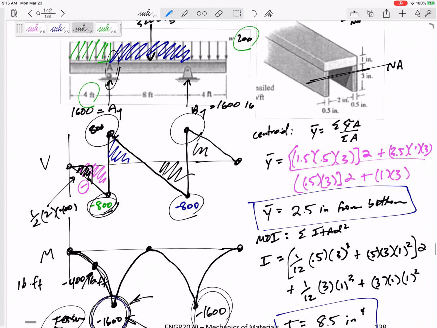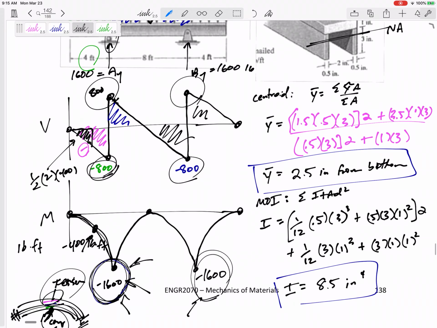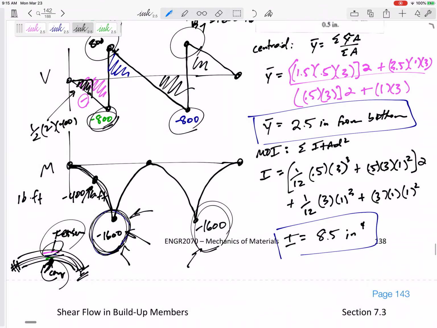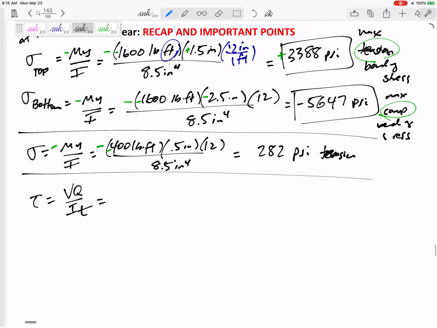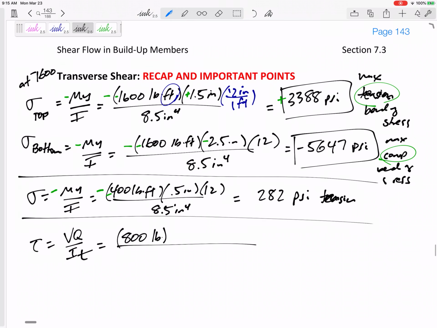All right, so we need tau is VQ over It at this location. So we know that V is 800 pounds. That's the shear force. The Q is going to be the hard part. We know the I is going to be 8.5 inches to the fourth.